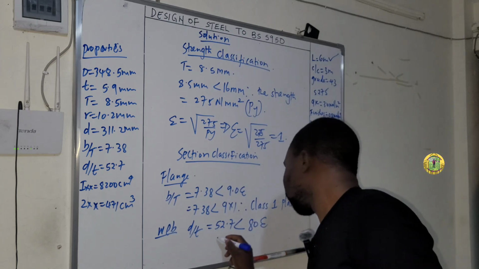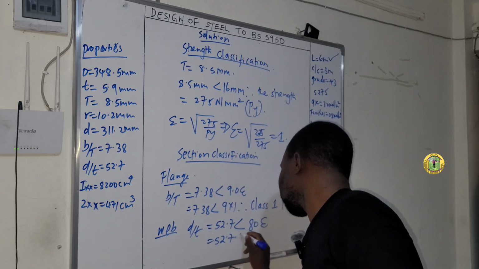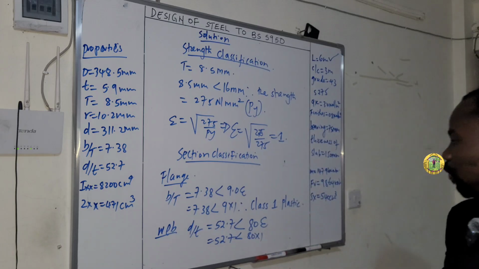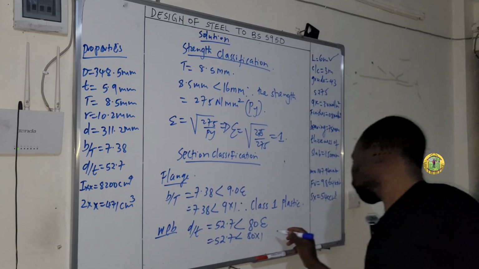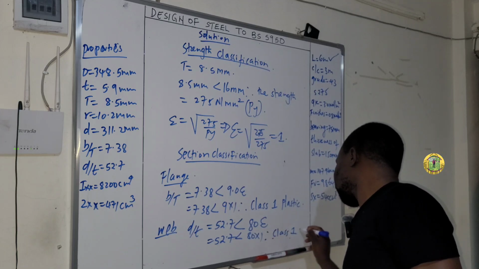Therefore, 52.7 is less than 80 times 1. If you multiply 80 times 1, it will remain 80. Therefore, also class 1 plastic.